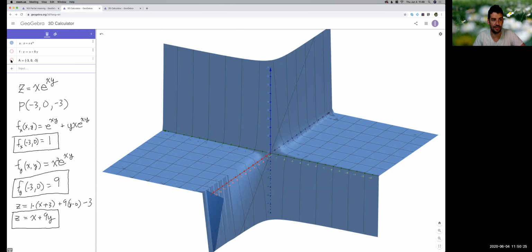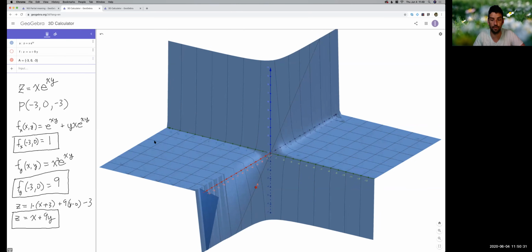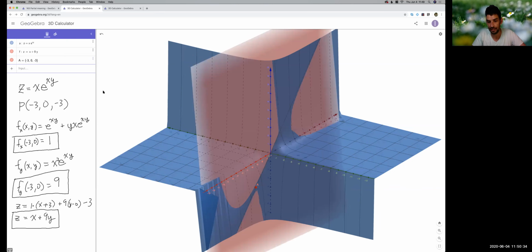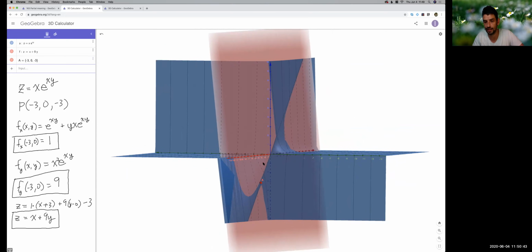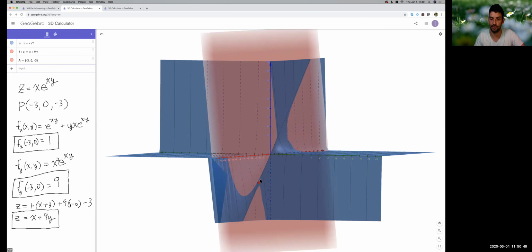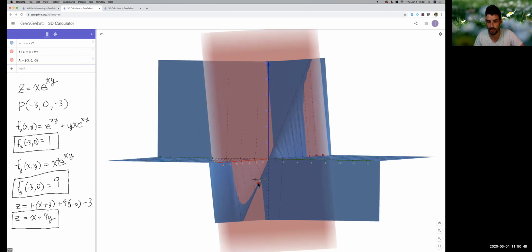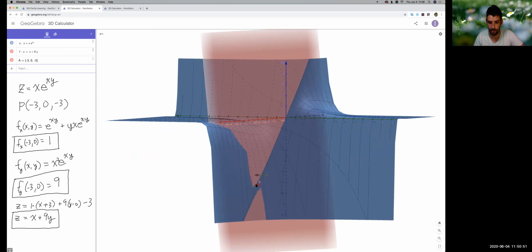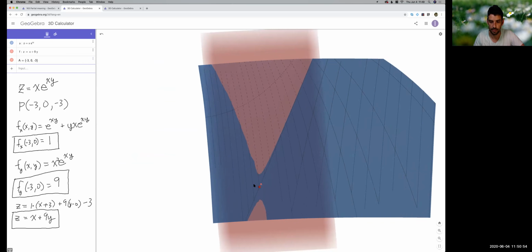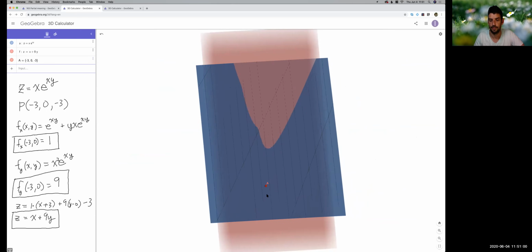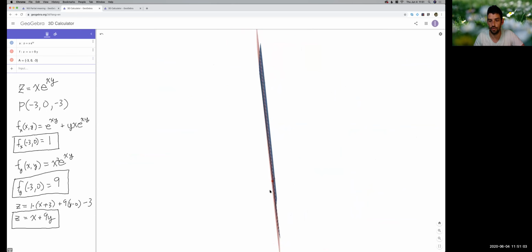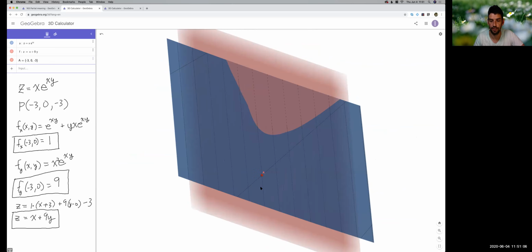So let's take a look at this as the last thing we do. There's the point. If you notice this point A down here, this is where we're finding the tangent plane, and here is a graph of the tangent plane. This one is a pretty tricky computation for the computer, so you see it's a little bit sloppy, right? That's not a problem with anything we did. It's just the computer having difficulty. Let's zoom in on the point A. Again, as I get very, very close to A, there's almost no difference between the surface and the tangent plane.